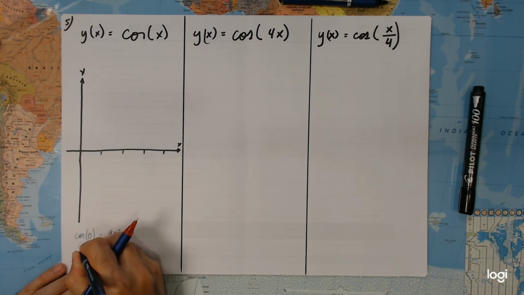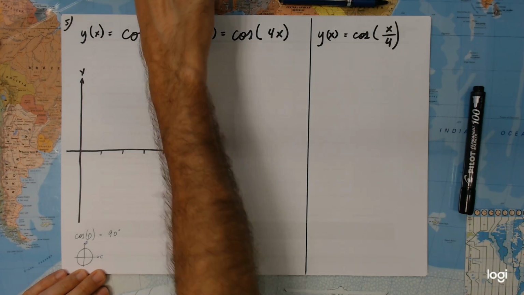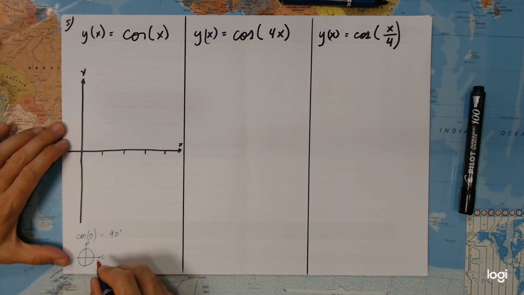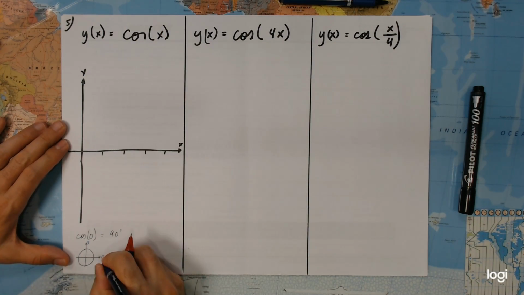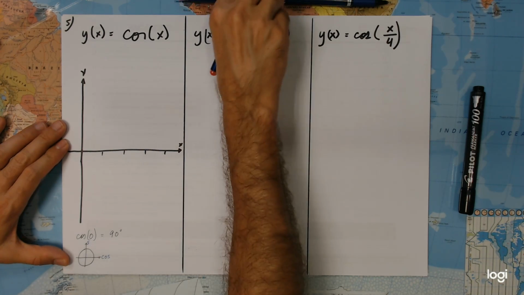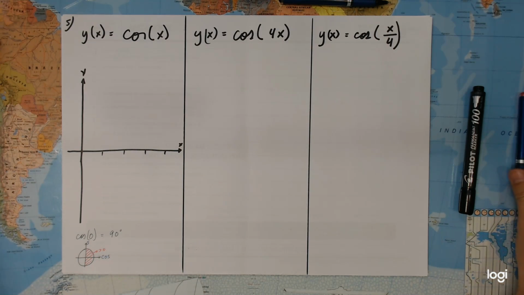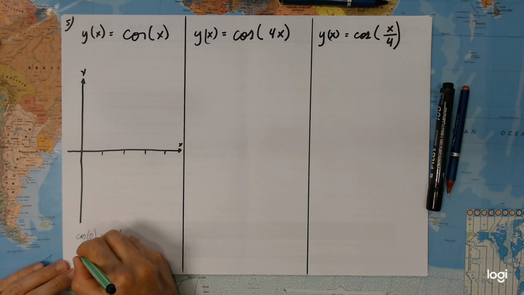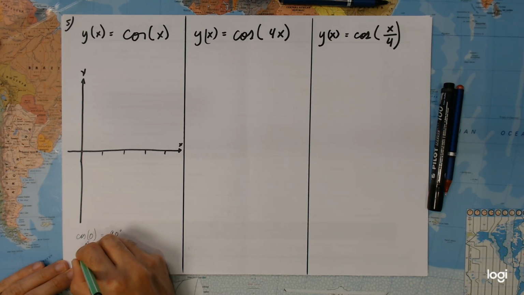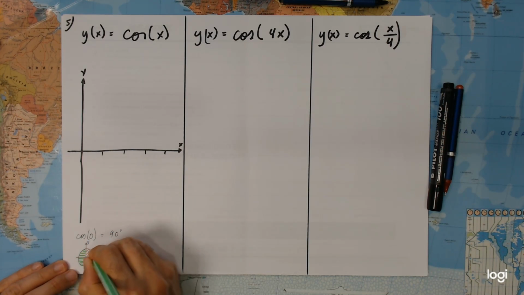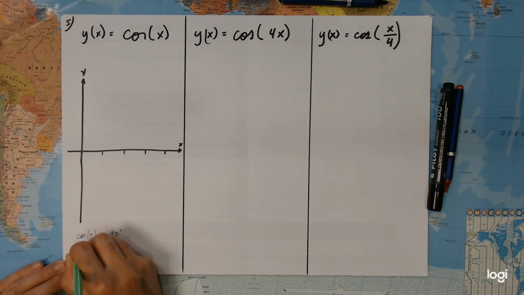This is the cosine and this is the sine. So if you are dealing with the cosine, whatever is on this side is going to be positive. Whatever is on this side is going to be negative.